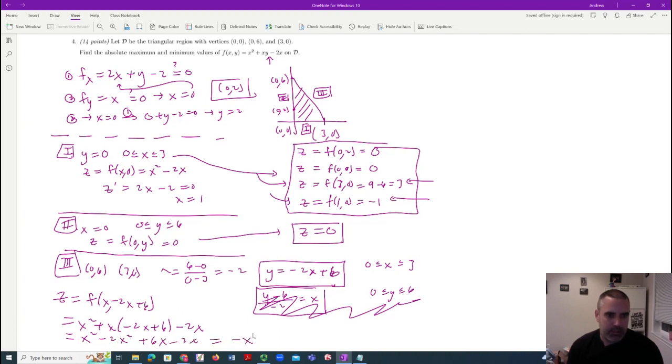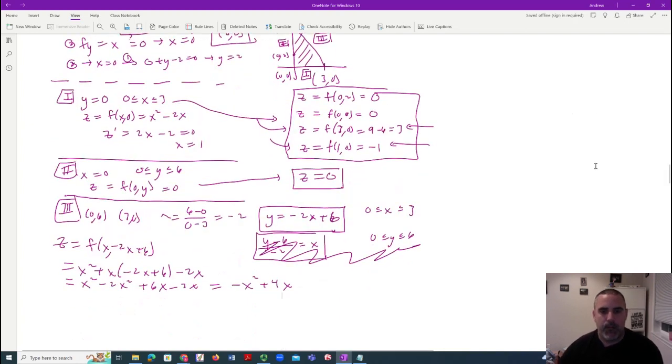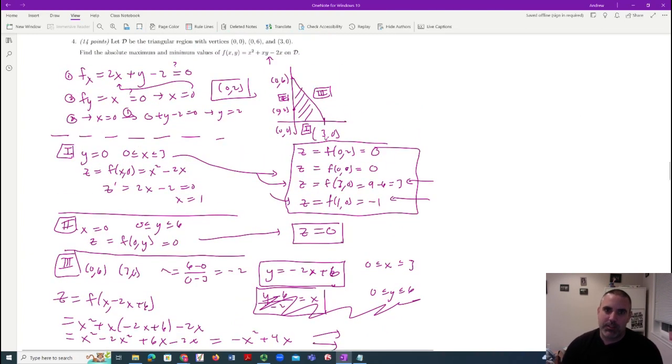So it's negative x squared plus 4x. Now, technically, I've already plugged in the endpoints, because the endpoints are here and here, and I already plugged in this endpoint because it was on this side.